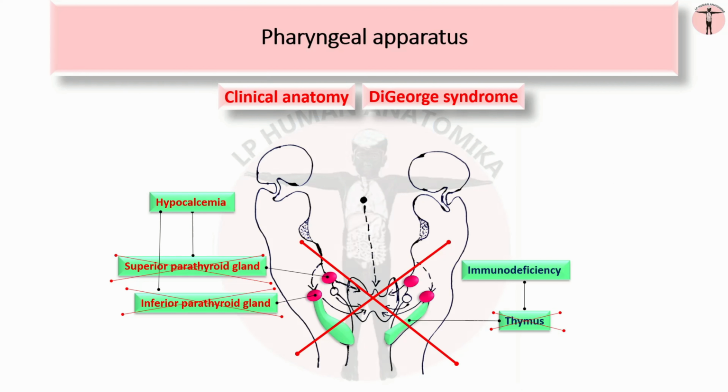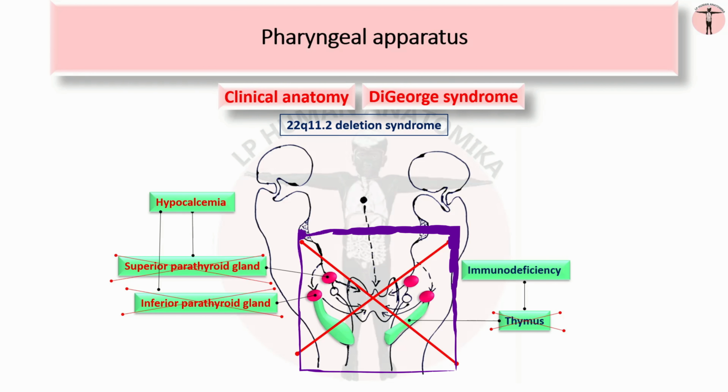DiGeorge syndrome is also called CATCH-22 syndrome or 22q11 deletion syndrome. It is caused by a microdeletion of a region in chromosome 22q11.2. That region is also called the DiGeorge chromosomal region.